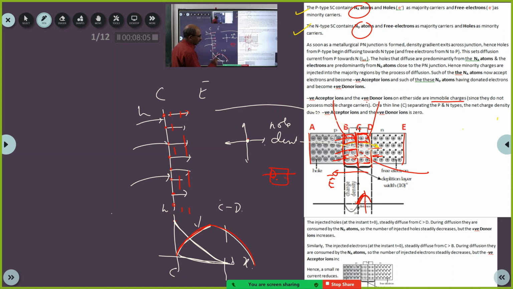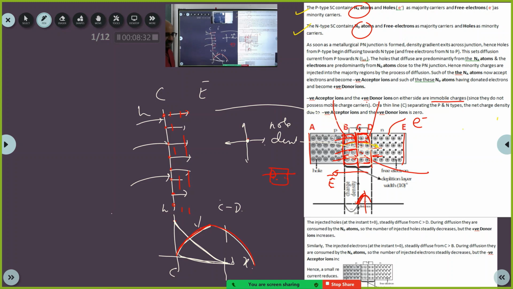Now here you see there are other charges. What charges are there? The majority charges here are electrons, isn't it? So these majority charges now are trying to move towards this side. Why are they trying to move towards this side?